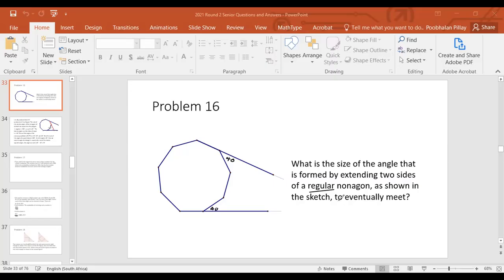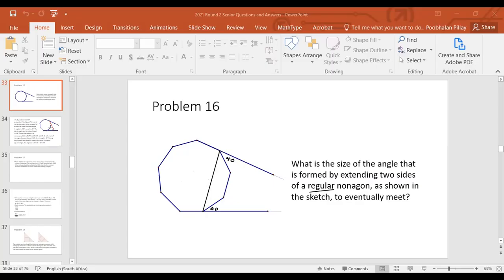Right? So one of the ways of doing this is, I just saw a much easier way than the one that I had found. So I'll give you 2 solutions. I just discovered this now while I was looking at it. One of the ways of doing this is to join these 2 points. If I know these 2 angles, then I got that angle which I can't see. So I need to calculate these 2 angles.